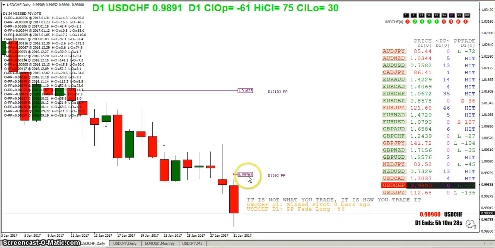But really what you want to do is look tomorrow, which would be 2 o'clock my time, when the New York session ends. You want to look to go towards today's pivot. You want to fade it. You also want to realize that this missed pivot may come into play either tomorrow or the next day also.